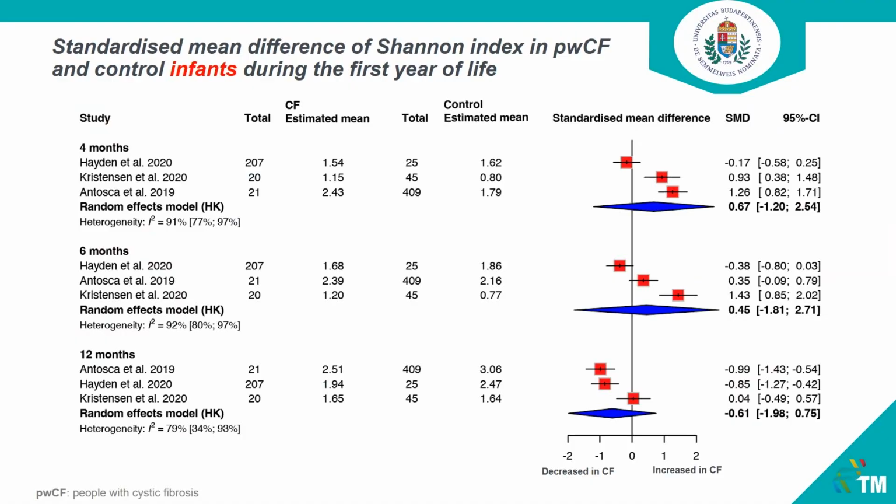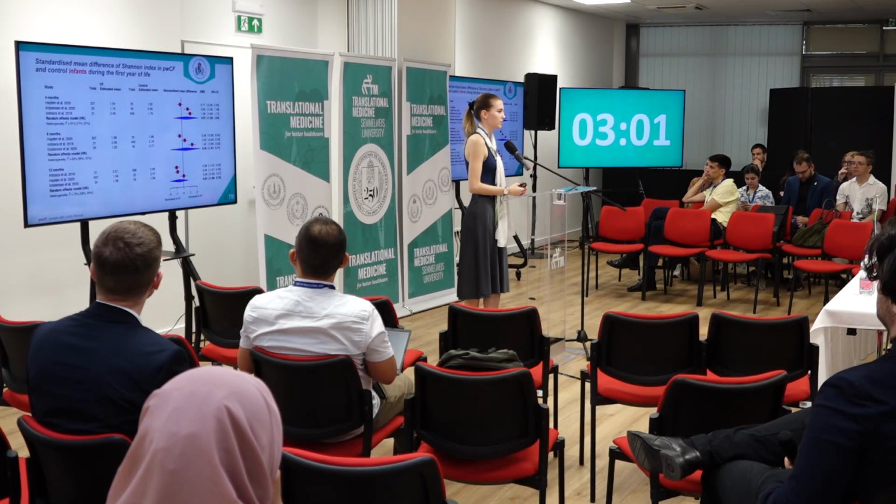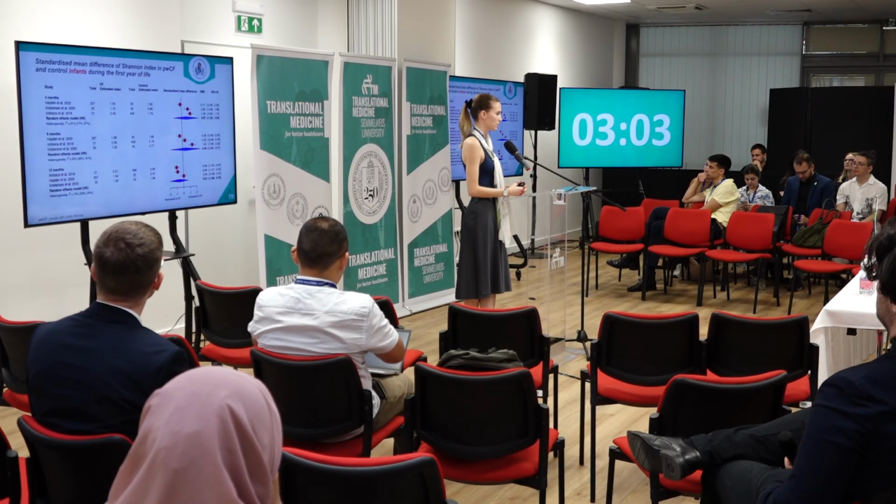So if we look at this slide, we can see that the diversity switches after the age of 6 months, which is around when they start other feeding besides breastfeeding.